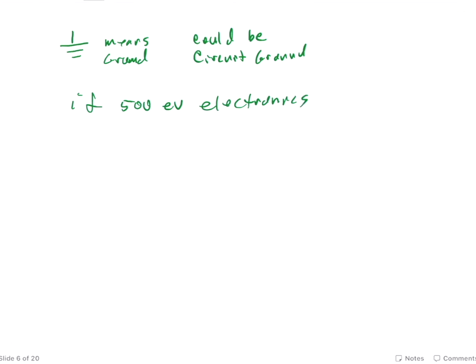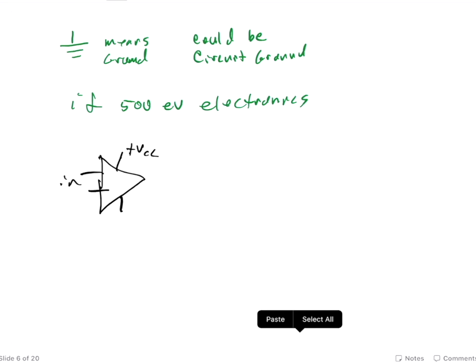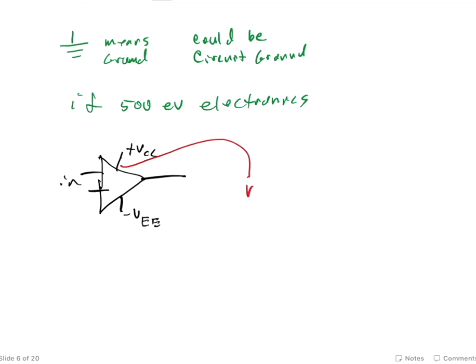So you might have an amplifier sitting like that, and you've got an input, and you've got plus VCC, which is at, say, plus 10 volts, and minus VEE, which is minus 10 volts, say.